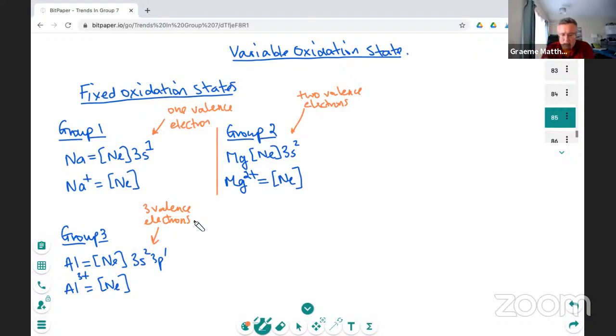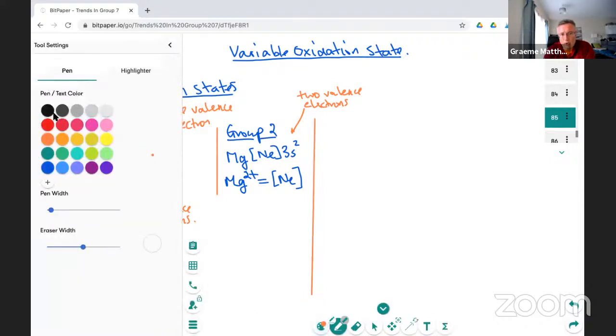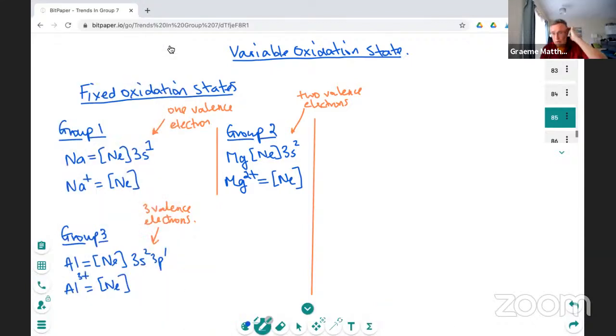On the other hand, if I took a look at, and let me do another orange line down here, like so. If you take a look at chlorine, for example, we'll do chlorine real quick, right?